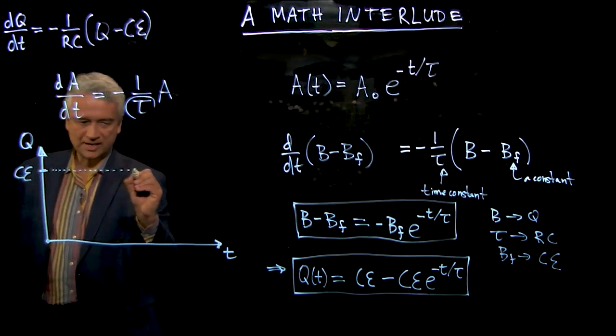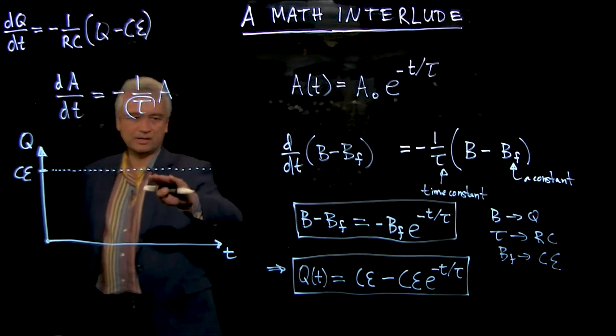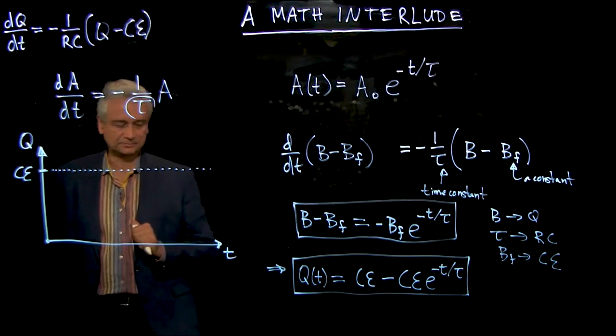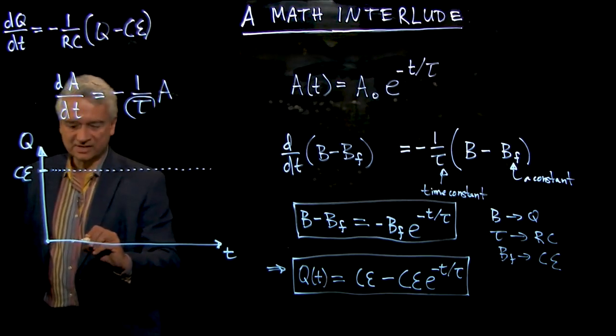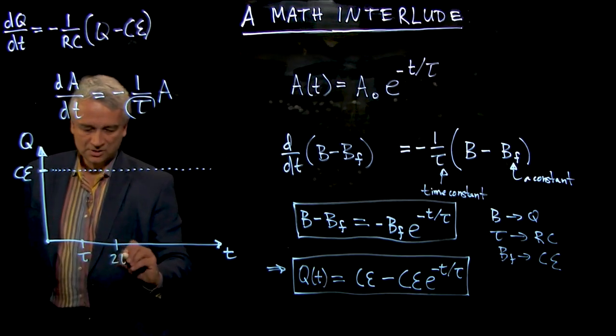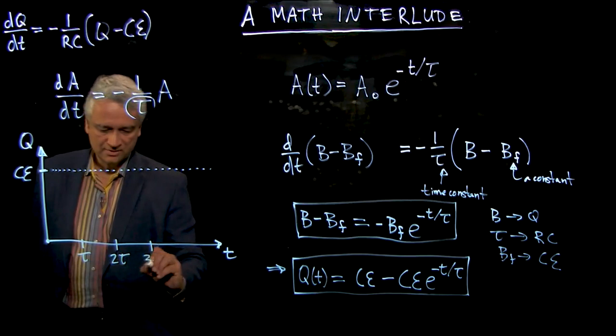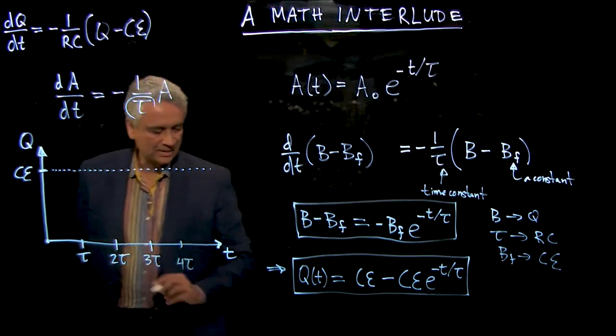So I'll put a dotted line here. Q is going to start here and rise towards C epsilon. And the time constant plays a very similar role to what we've seen before. Here's tau, 2 tau, 3 tau, 4 tau.